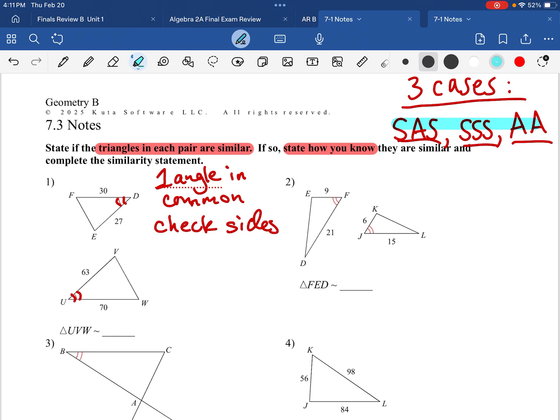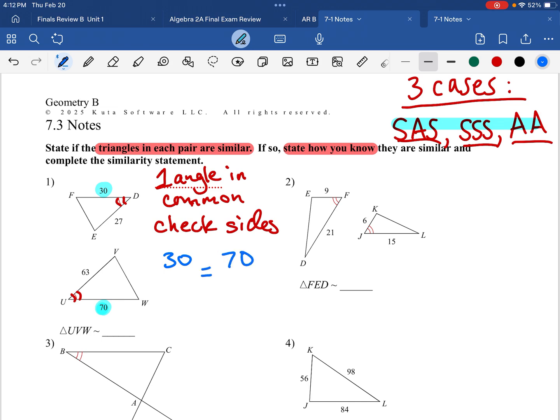If you remember from yesterday, be careful with these because this 30 is going to correlate with the 70. It's like they turned the triangle on us, right? So I'm going to have 30 over 70, or we could do 30 over 27.